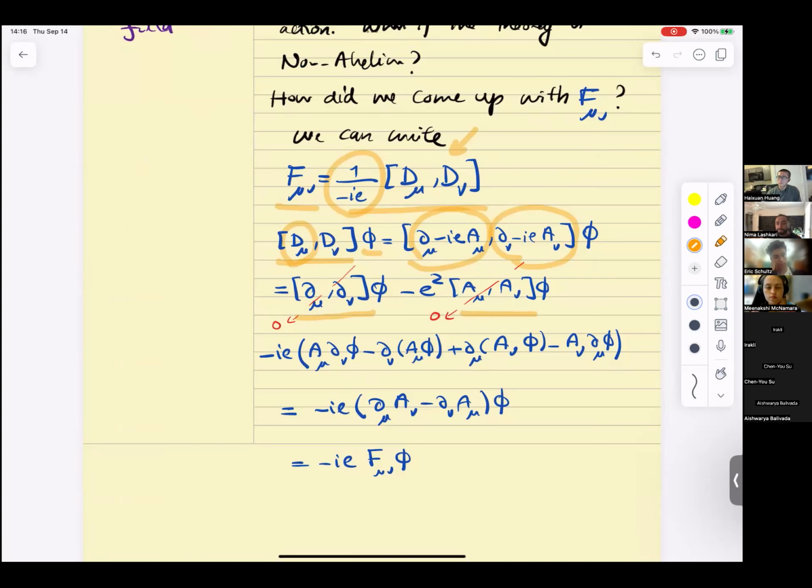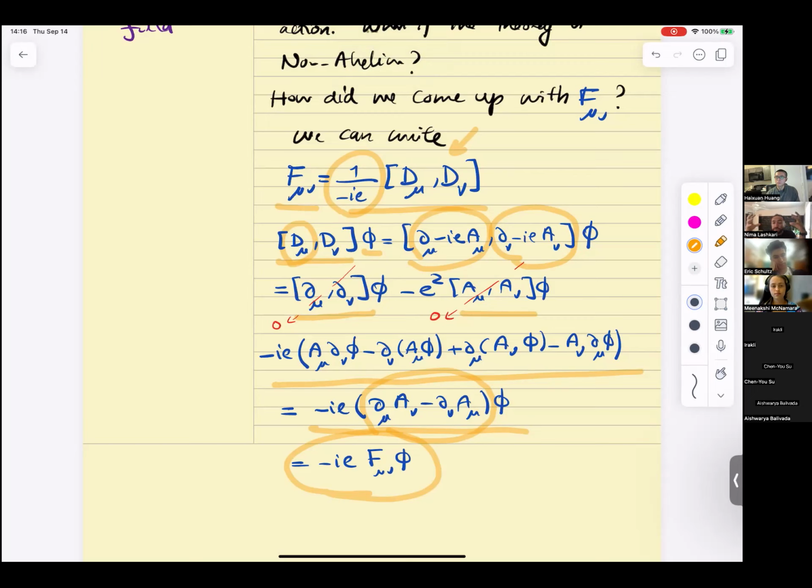In quantum mechanics, it won't be 0, right? Well, it might or might not. We haven't discussed that yet. Then you get this extra term. If you just work it out, you learn that this is minus i e times the antisymmetrized derivative of A, the field strength. So this equation is the key idea behind Yang-Mills theory in a sense.